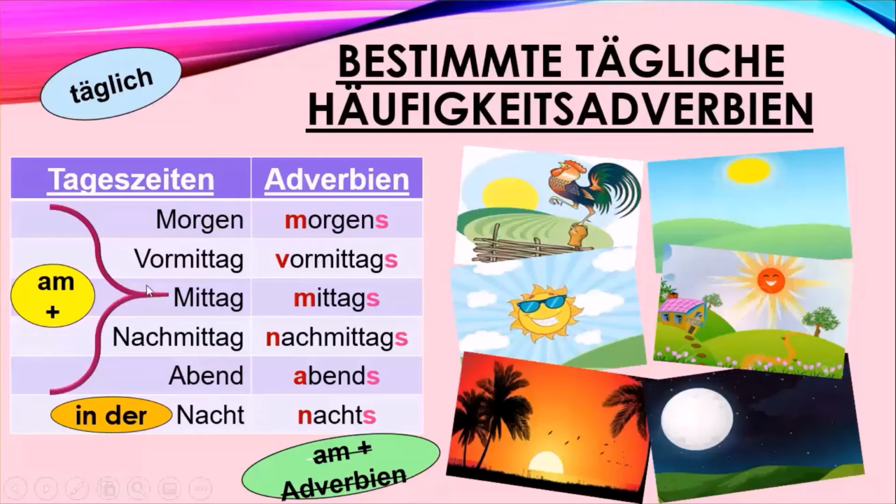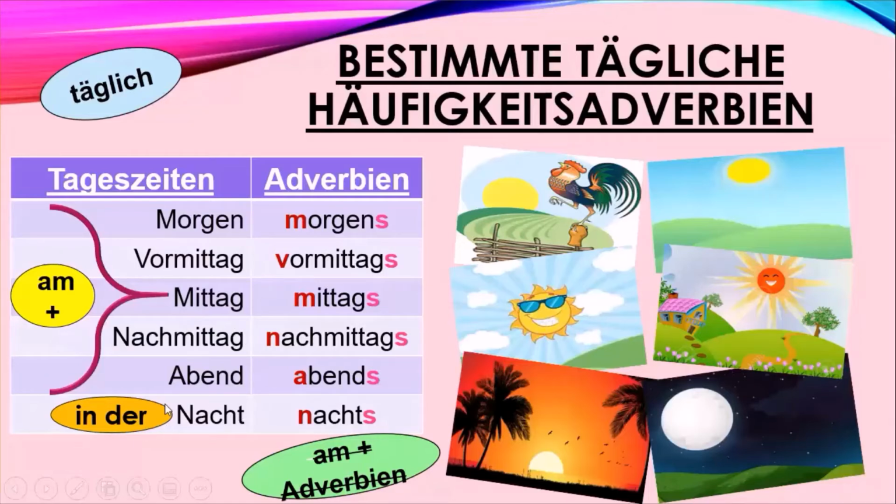So am now does not mean on, but used with the times of the day means in that time of the day. So am Morgen means in the morning. Am Vormittag means in the pre-noon. Am Mittag means in the noon, etc.